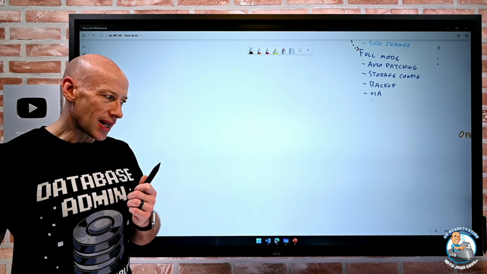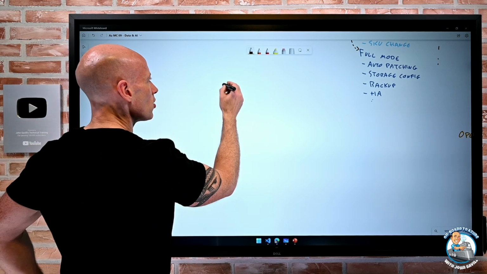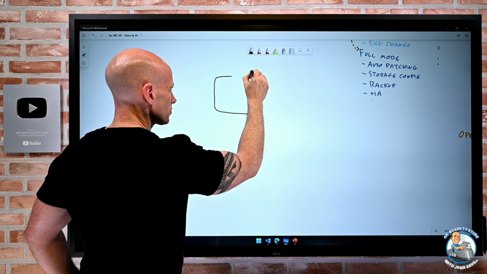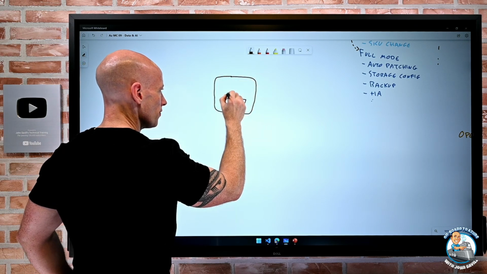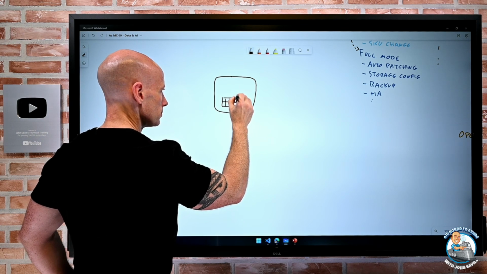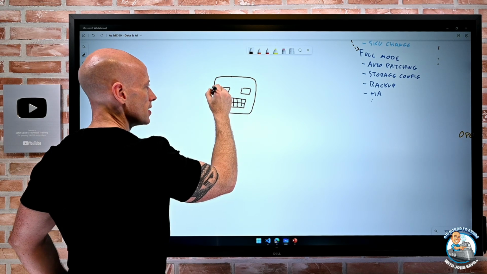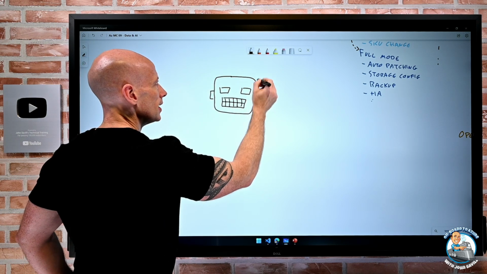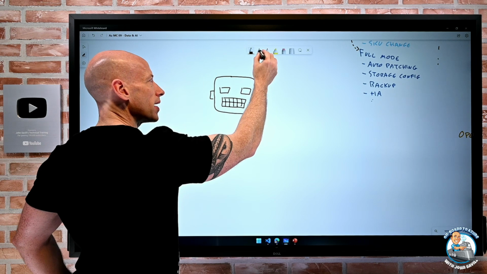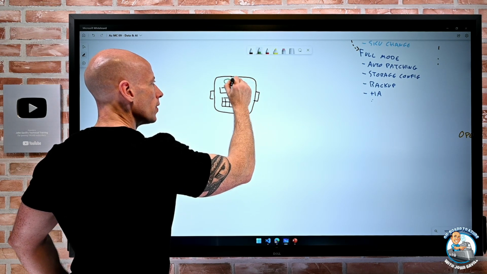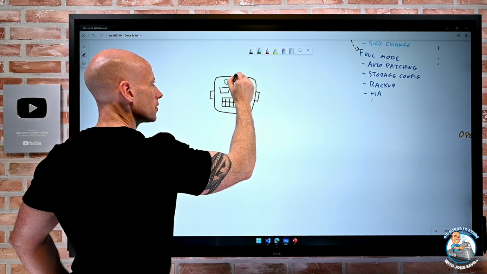So artificial intelligence. Well, firstly, I can think of, I'm going to have my robot. So I've got my robot. It's got its robot mouth, robot eyes, very important, robot ears. And then it's got its brain, its digital brain. I can't draw a brain.